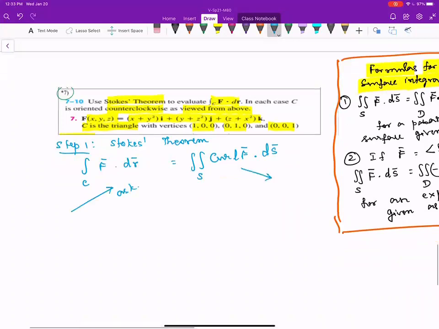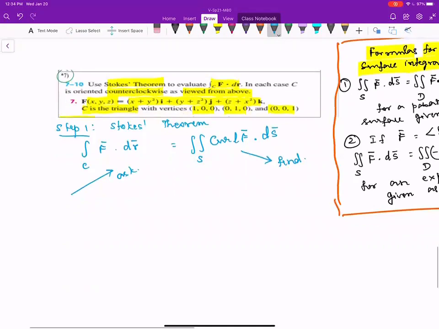This is what you want to find. The reason being the right hand side may be easier to evaluate in this particular problem instead of doing the line integral. Sometimes a problem would be reworded as use Stokes theorem to evaluate double integral over S curl F dot dS, then that means that that side of Stokes theorem is difficult to evaluate, then you may have to work on the line integral part.